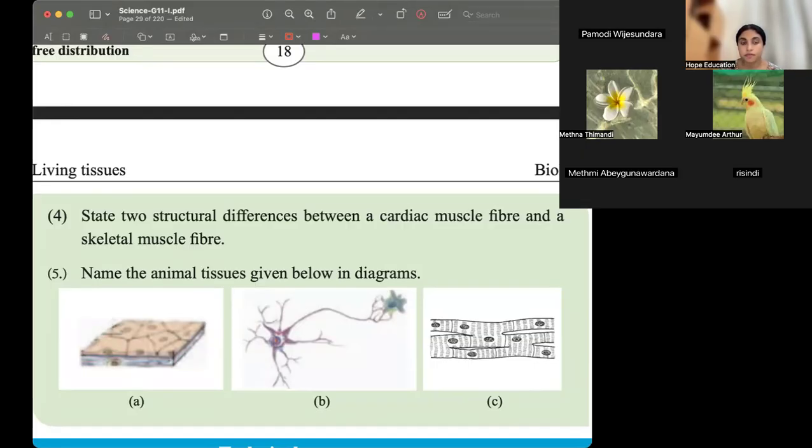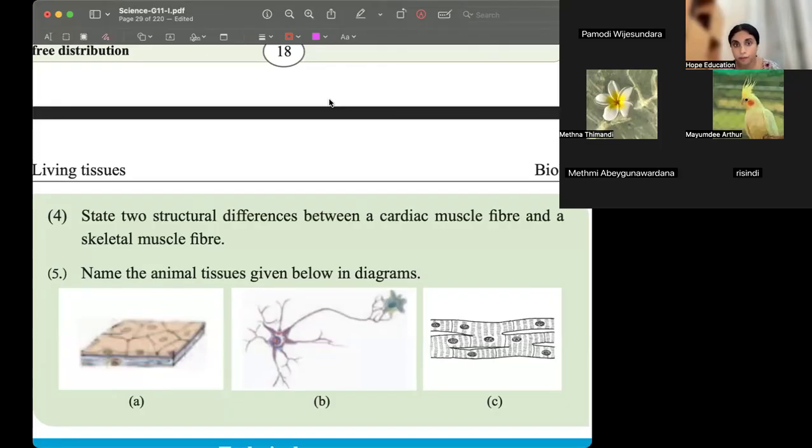Cardiac uninucleated, skeletal multinucleated, cardiac branched, skeletal unbranched. Yes. So cardiac has uninucleated cells and skeletal has multinucleated cells.